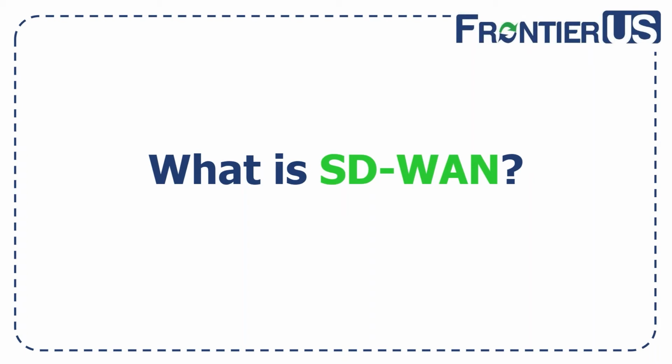Cloud computing is growing at a CAGR of about 20% per year. That's outpacing IT as a whole, which is growing at only 3 to 4%. So SD-WAN optimizes the WAN for the cloud and makes it more agile.